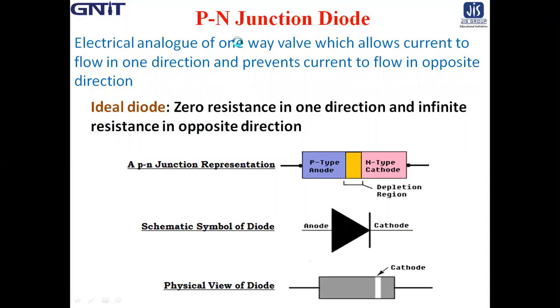So a PN junction diode has a p-type material and an n-type material: p-type is the anode and n-type is the cathode, that means anode is plus and cathode is minus.